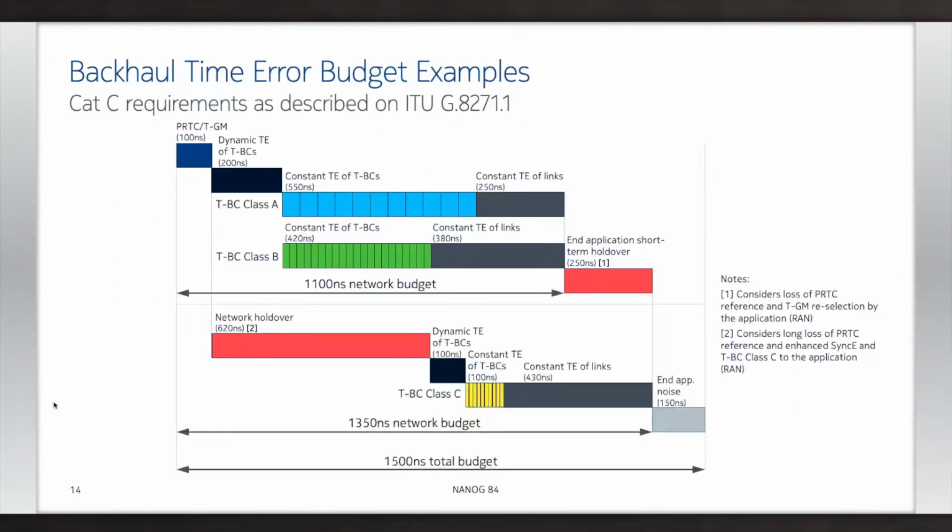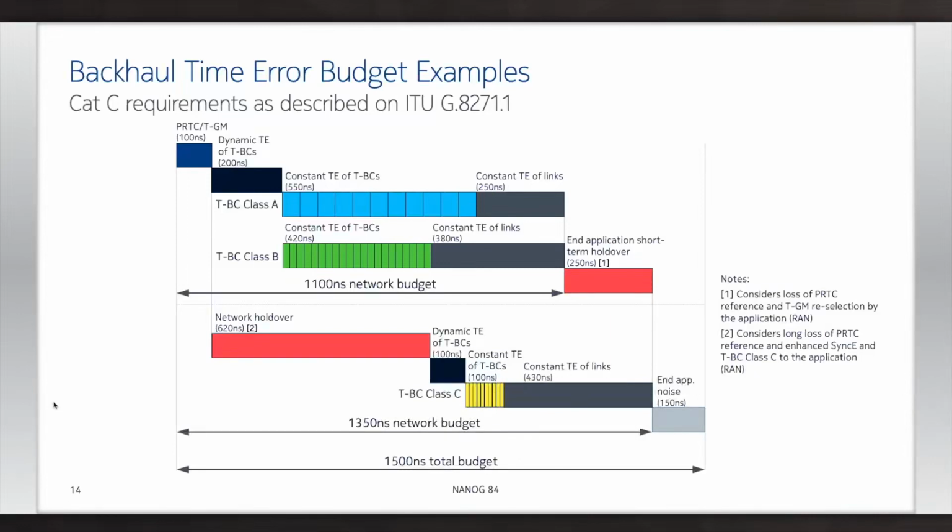We're going to talk about fronthaul in a second. In this slide, you can see a PRTC, a time reference that will give you 100 nanoseconds. Then you have some dynamic time error, some constant time error, and you have something left for the time error of links.